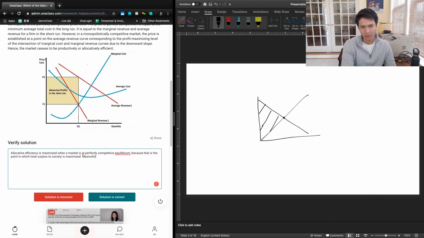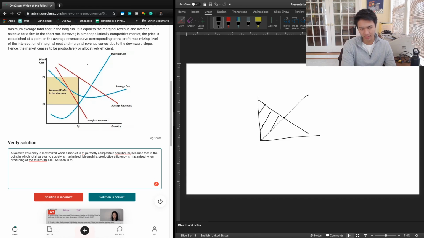And then meanwhile, productive efficiency is maximized when producing at the minimum average total cost.